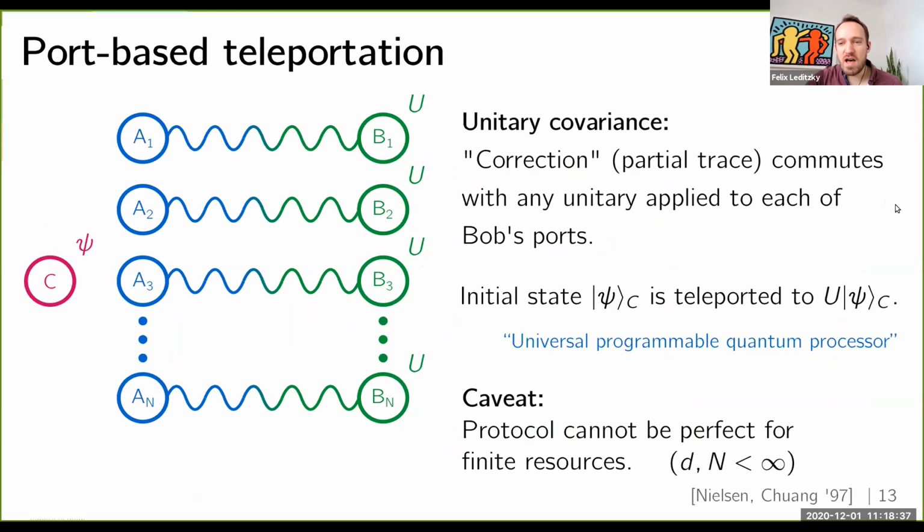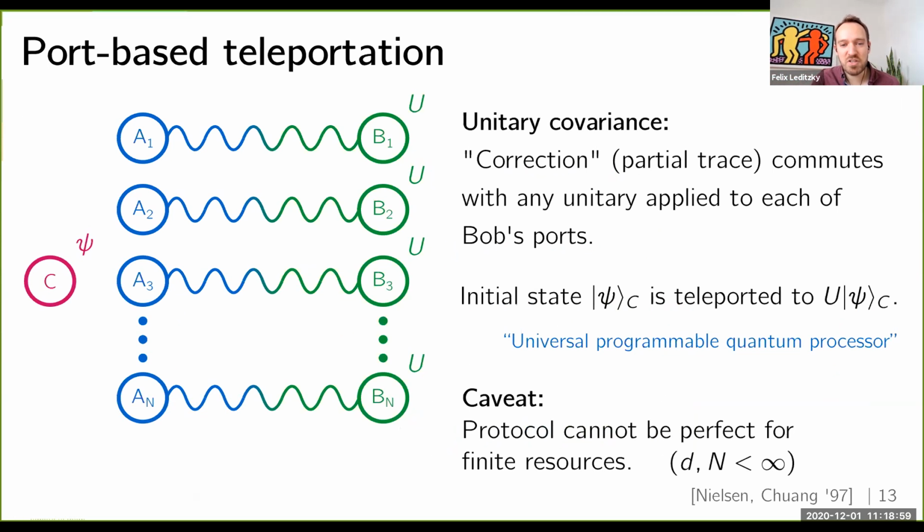And you can now hopefully already see that this correction operation is, in a sense, as simple as possible, because Bob doesn't need to further process his qubit that holds the teleported state. All Bob has to do is forget all the other ones. Mathematically, this just corresponds to tracing out the other qubits.